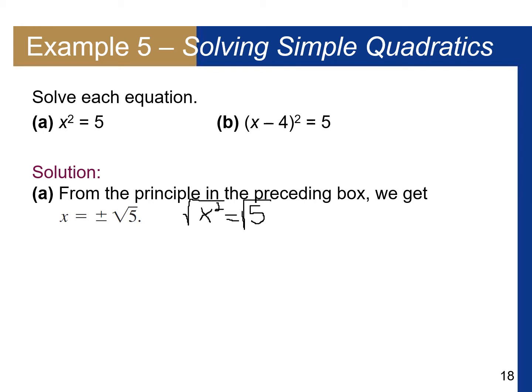The square root of x squared is just x, and the square root of a number would be plus or minus. If it doesn't break down, you're going to leave it under the square root sign.